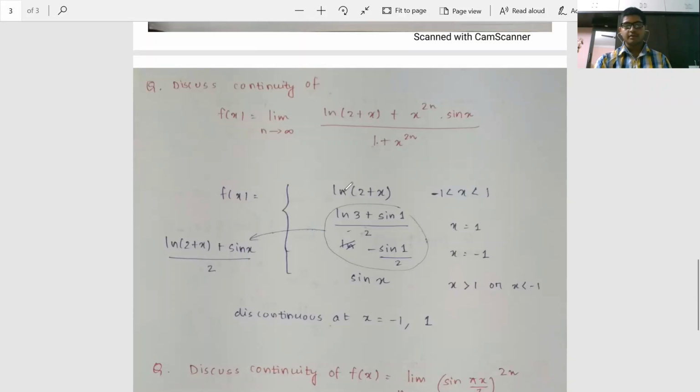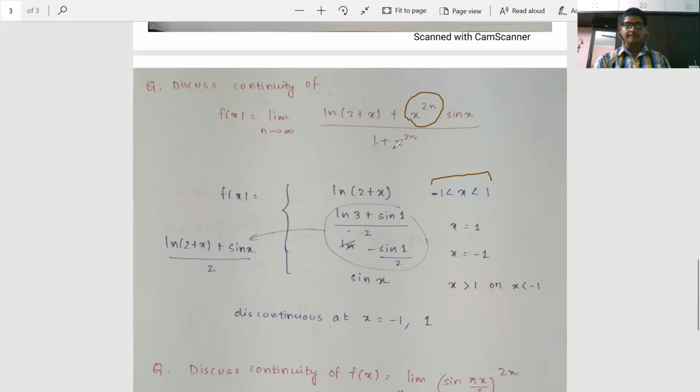First of all, let's try to analyze the function. If x belongs to minus 1 to 1, there is an x to the power infinity type of term here. If this thing tends to infinity, then we just take the ratio of coefficients. But if this stuff tends to nearly 0, then the answer would be ln(2 plus x) by 1. Clear? This point should be clear.